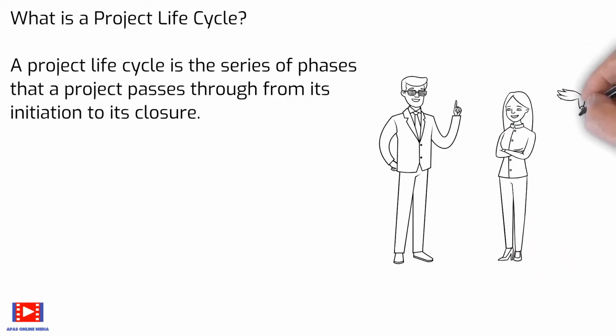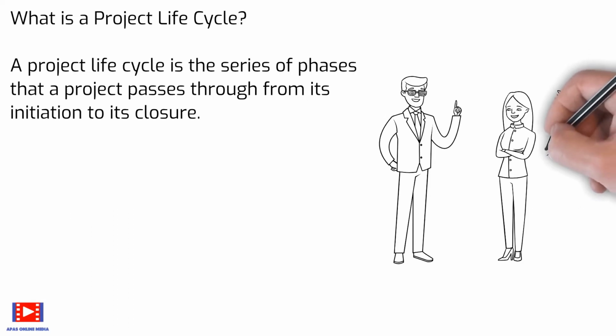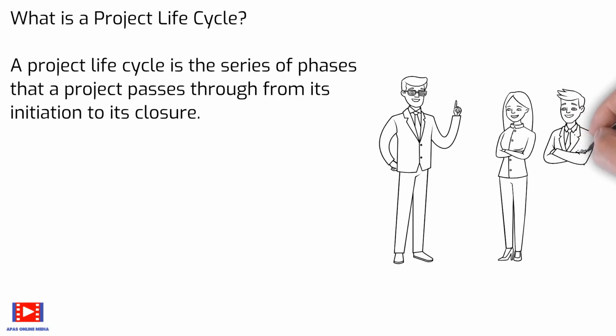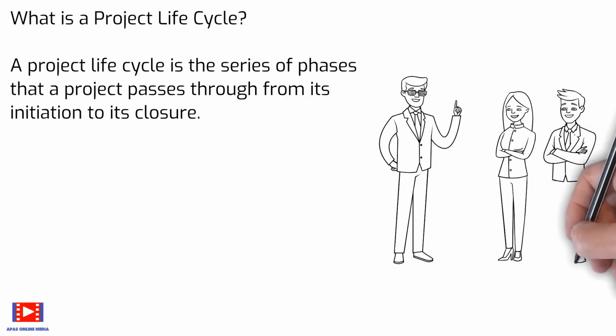While every project has a definite start and a definite end, the specific deliverables and activities that take place in between will vary widely with the project. The life cycle provides the basic framework for managing the project regardless of the specific work involved.